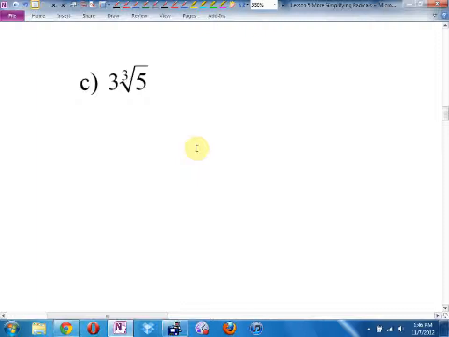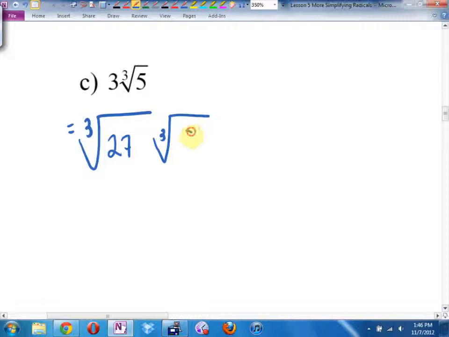All right. What's weird about this one? Cube root. Okay. Well, what number must I have had sitting right there so that when I tackled it, I ended up with a 3? 27. And there's also a cube root of 5 sitting there, yes? So, what was the original question?